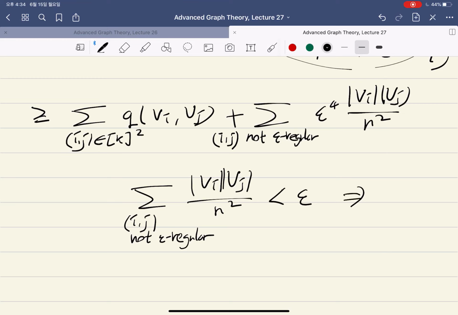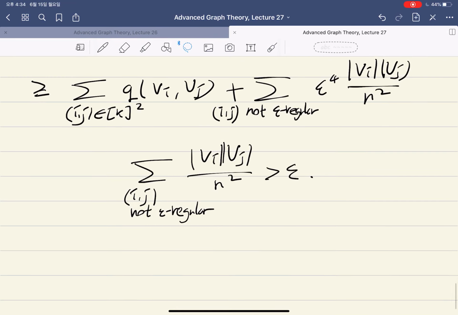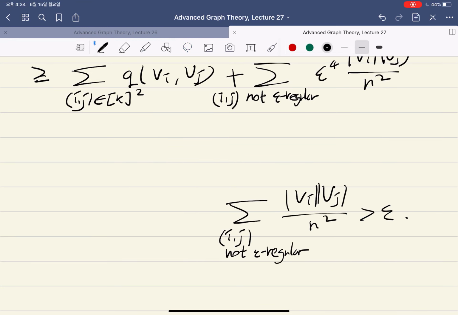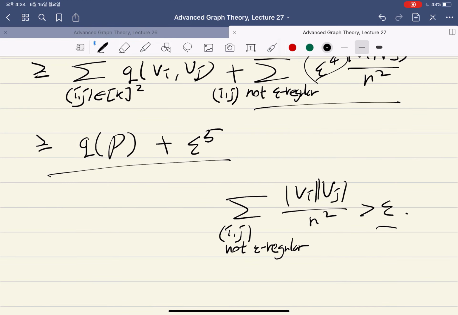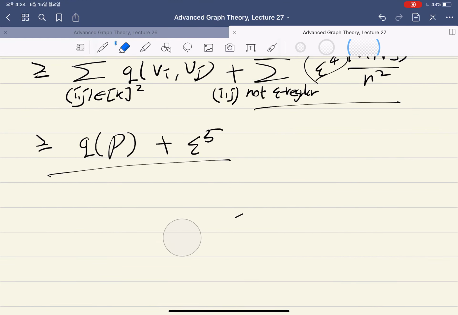So here we assume that this is not epsilon regular, meaning that this is bigger than epsilon. So this is at least the original energy plus epsilon to the 4 times epsilon, so epsilon to the 5. Which proves the lemma.